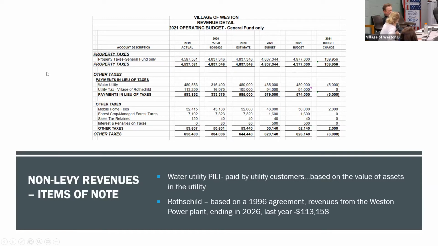We want to look at more detail of who does what regarding village versus the utility. If we wanted to dig into more detail, right now my wages get allocated to the water utility, Jenna's, Keith's, and we've used the same allocation for many years.